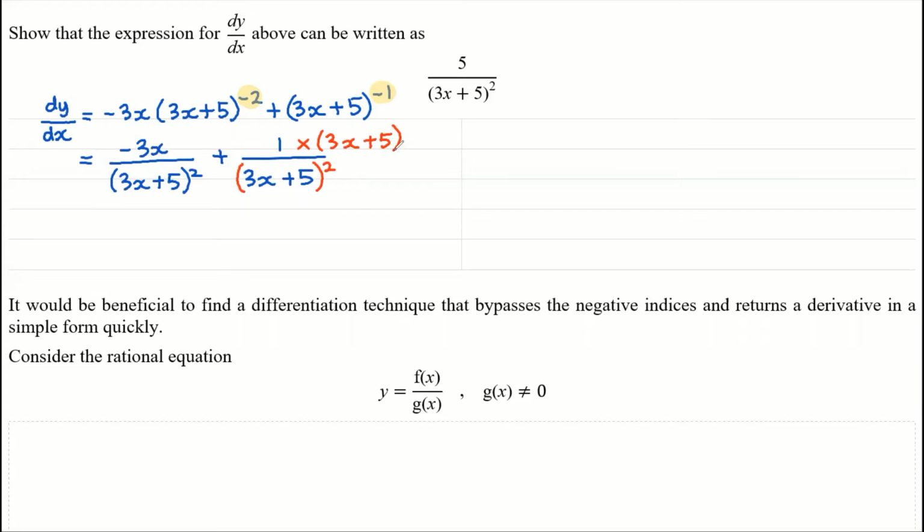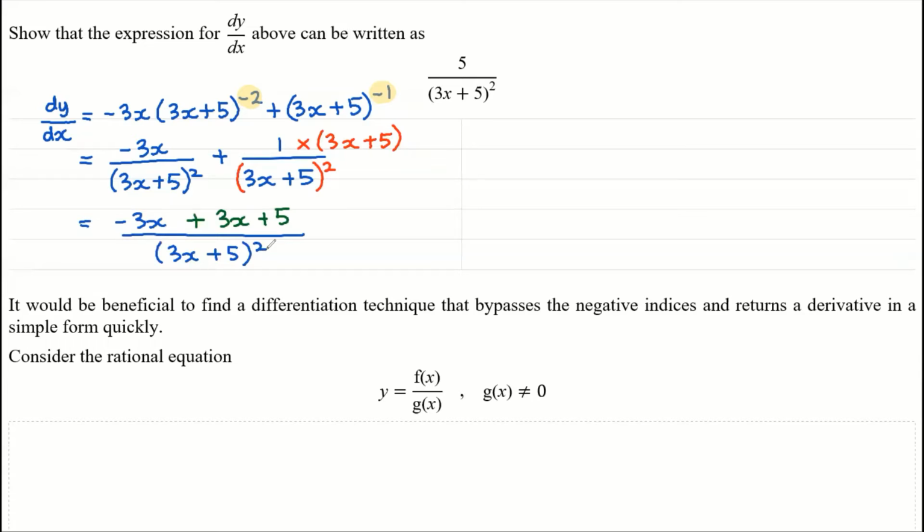So that's going to give me another step, and I'm going to get the -3x, and then I just multiply the 1 by the 3x plus 5, and I'm going to write all this as a single fraction, plus 3x plus 5, and all that is going to go over (3x plus 5) all squared.